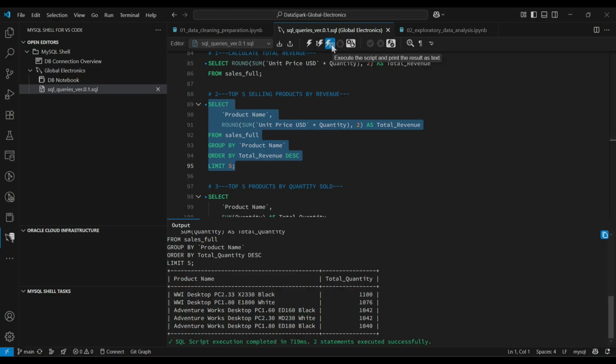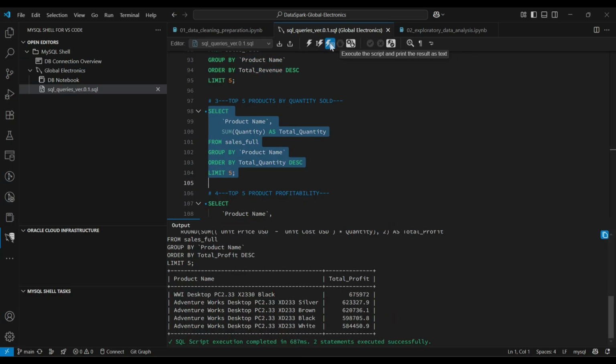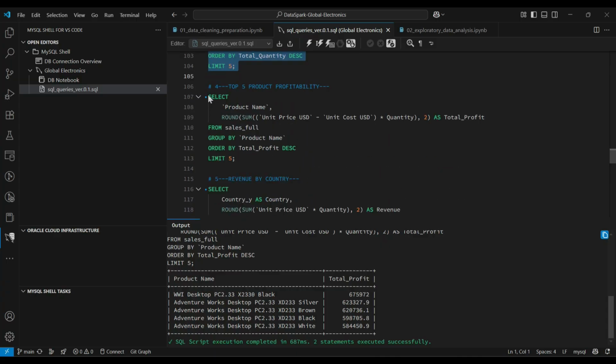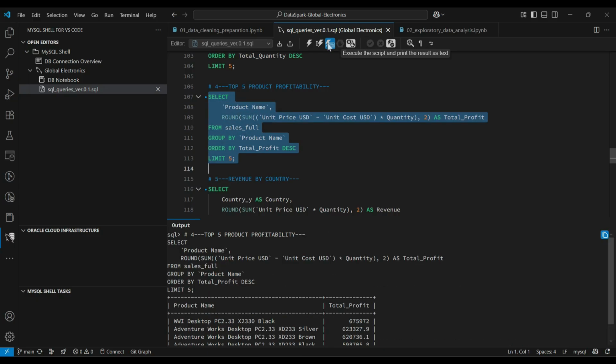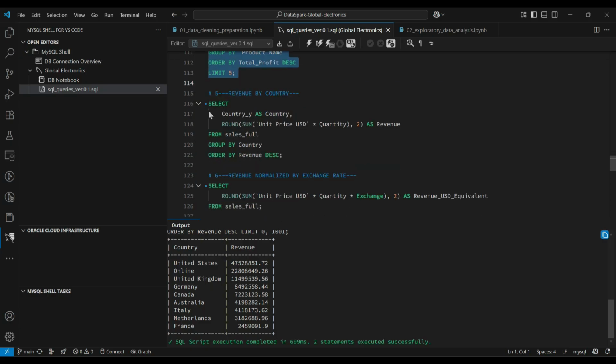This query sums up the total revenue by multiplying unit price with quantity across all orders. Top 5 products by revenue. Here, we identify the top 5 revenue generating products by grouping the data and sorting by total revenue. Top 5 products by quantity sold. This query reveals which product was sold the most in terms of volume.